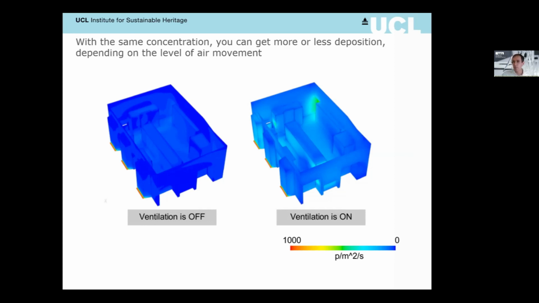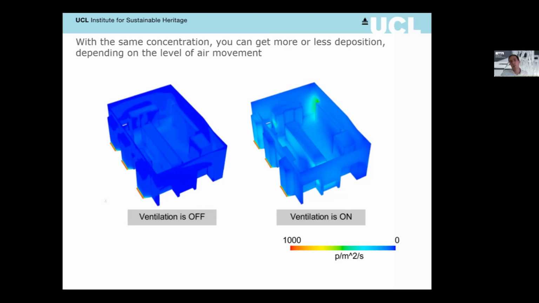What does it mean? It means that if we are just measuring the concentration of particles in the air, we are not going to be able to estimate how many will reach the surfaces, because this depends on how we use the room. The amount of particles that reaches the surface is a function of two things. How many of those are there, obviously, because if there are no particles, there are no deposits, but also how much deposition is promoted by air movement.